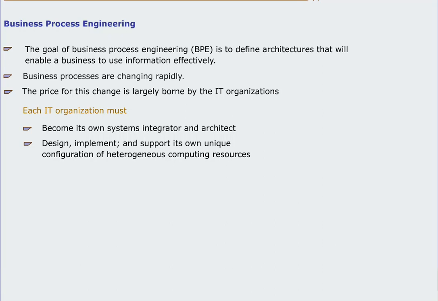Moreover, this configuration can be expected to change continuously but unevenly across the enterprise due to changes in business requirements and in computing technology. These diverse and incremental changes must be coordinated across a distributed environment consisting of hardware and software supplied by dozens, if not hundreds, of vendors.